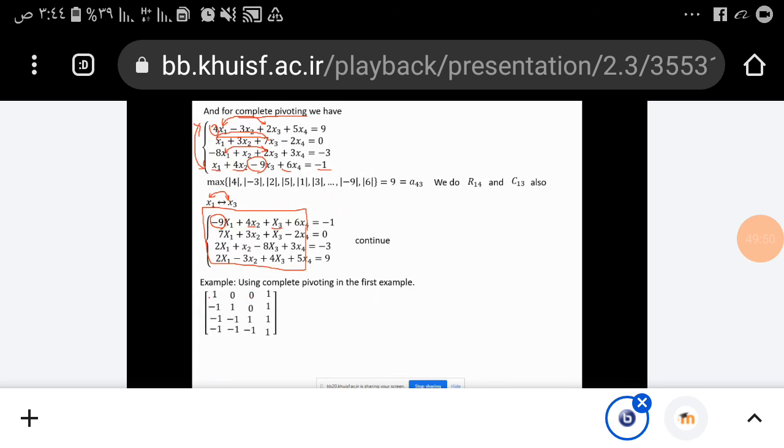We have the matrix 1 0 0 1, -1 1 0 1, -1 -1 1 1 and this one. In complete pivoting, we have to find the maximum entry. The maximum entry is 1, so we don't need any substituting or commuting of rows and columns.